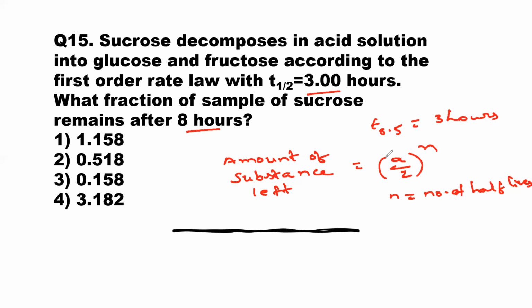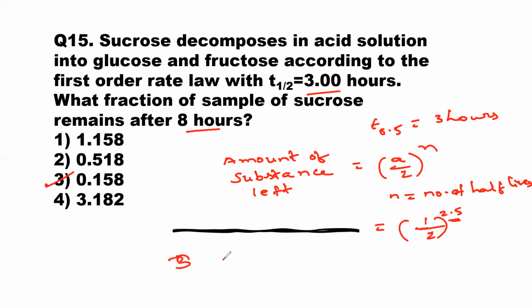So they are asking after 8 hours, how much of the concentration is left? It should be approximately 0.158. How? Initially you take 1 by 2 whole to the power of 2.5, or so.